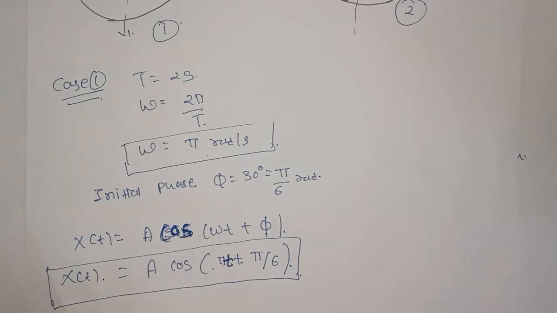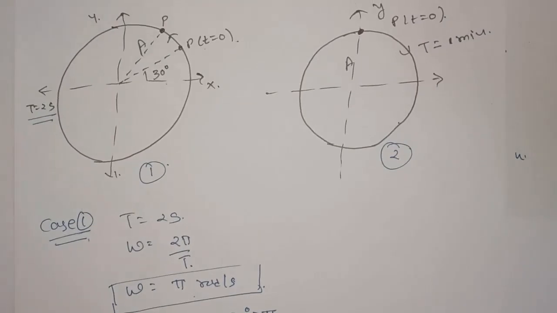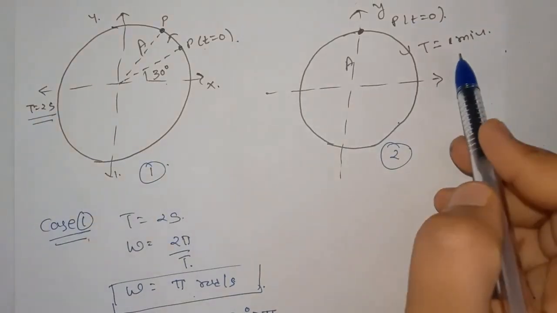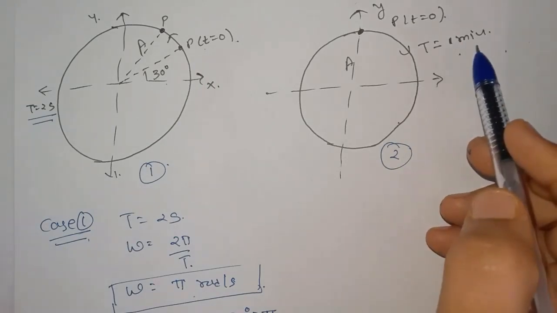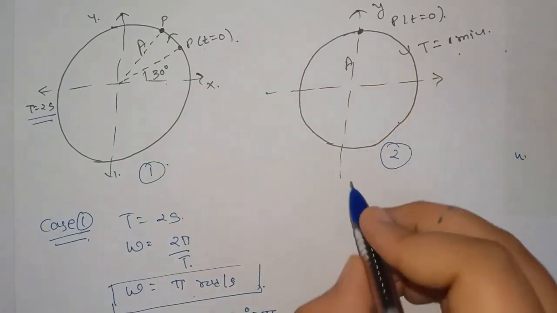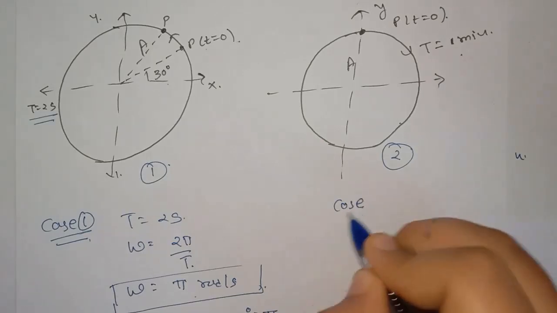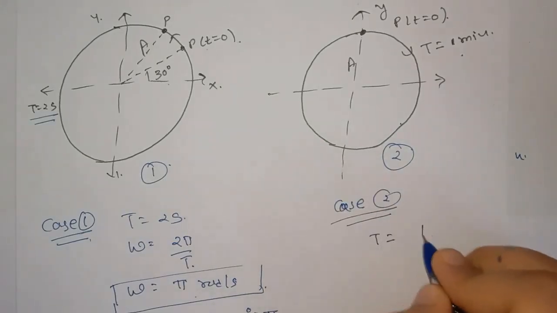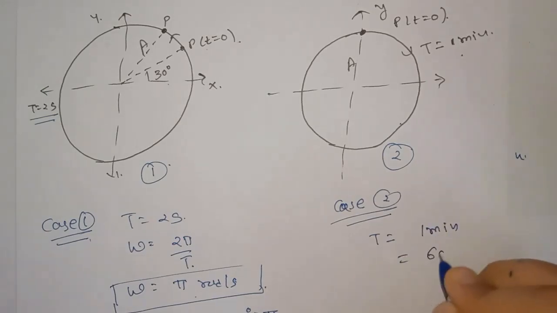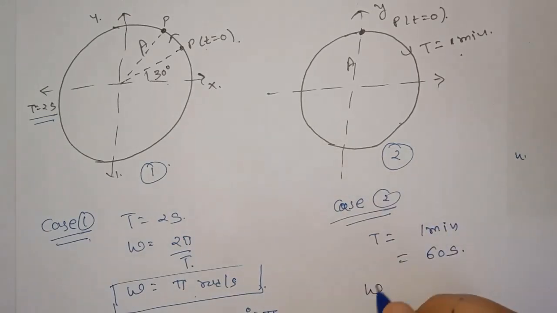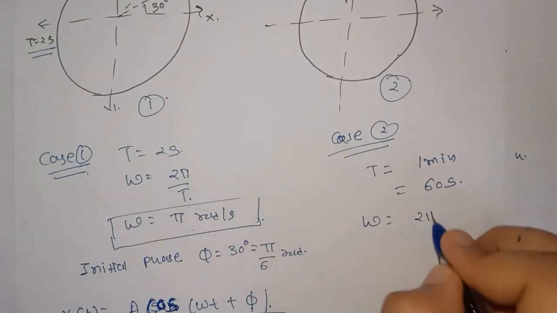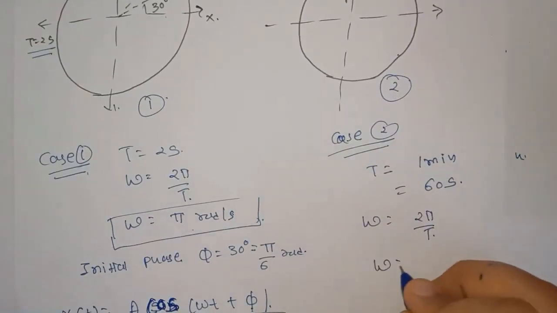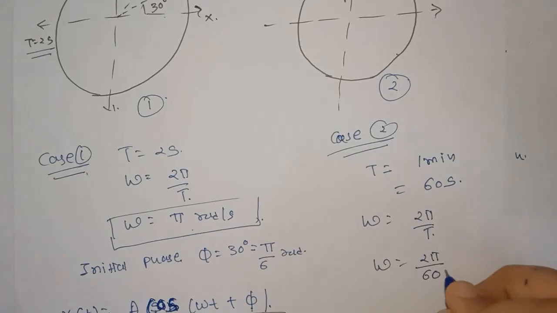We can see that this represents the SHM. Now for the second case, the time period is given as 1 minute, that is equal to 60 seconds. So omega is equal to 2 pi by T, that is 2 pi by 60.